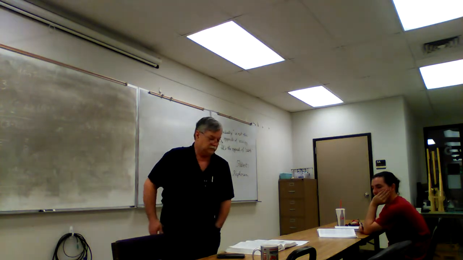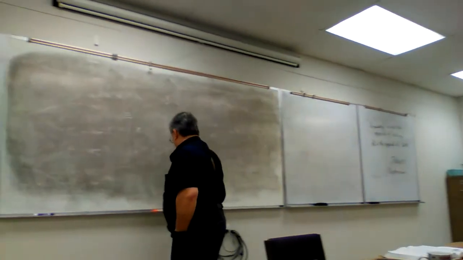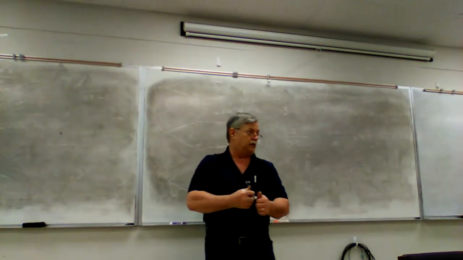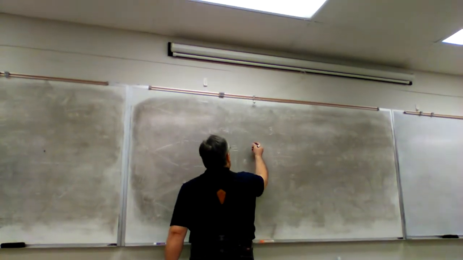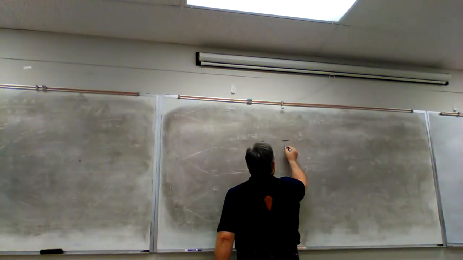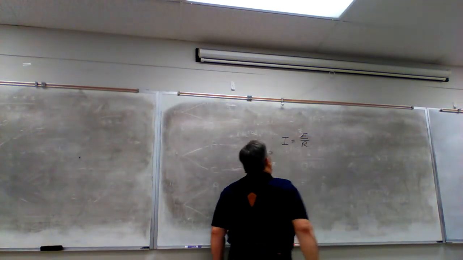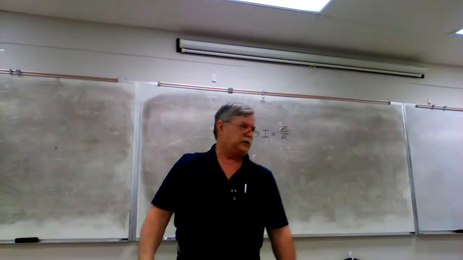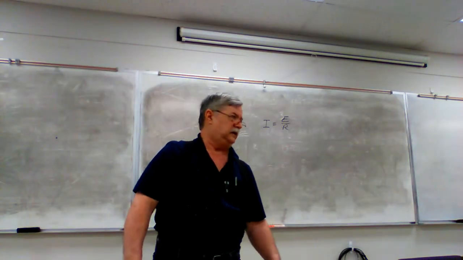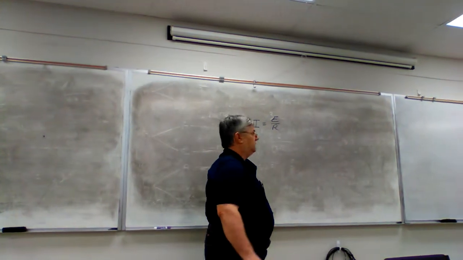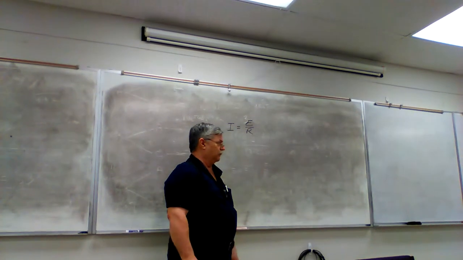Well, I take it everybody here is already familiar with Ohm's law. I is equal to E over R. I is the current, stands for intensity. E stands for electromotive force.